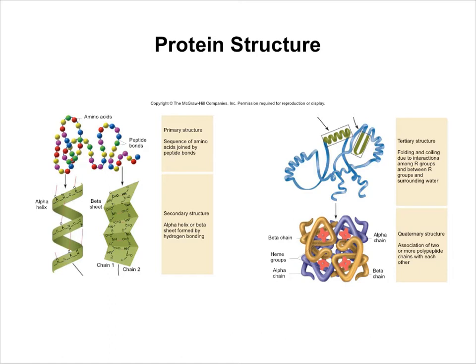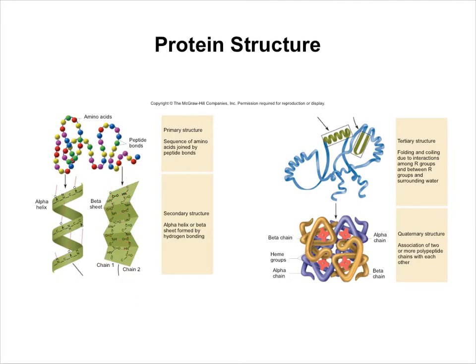And what you get is hydrogen bonds between the carbonyl group here and the nitrogen group here. And those hydrogen bonds are what cause it to form into this spiral here, which you can think of as being like a bar, a rod. It's a strong structure.